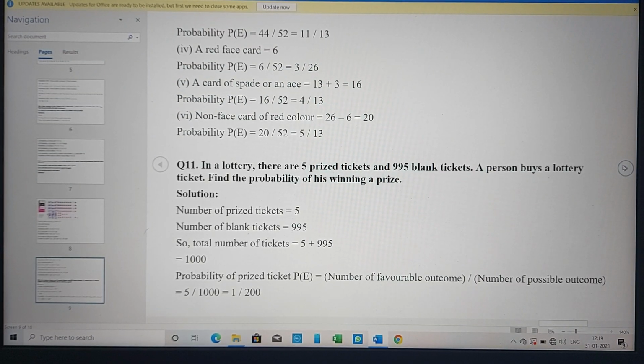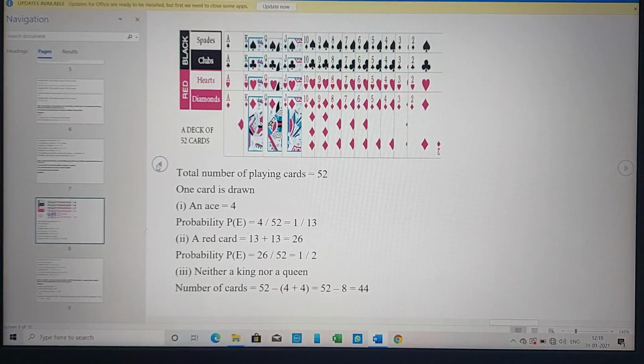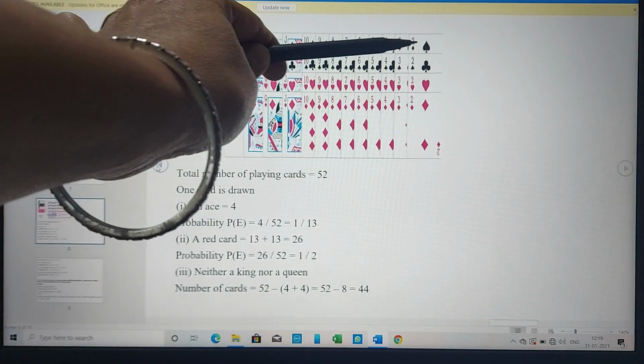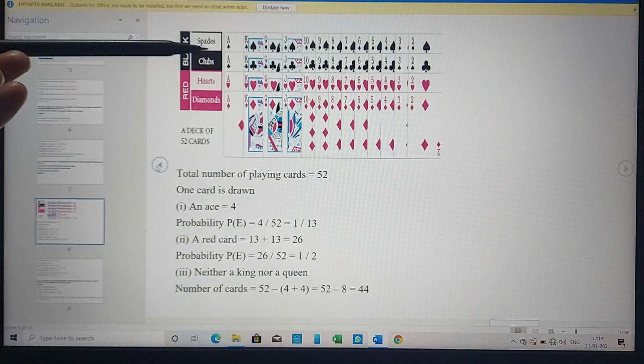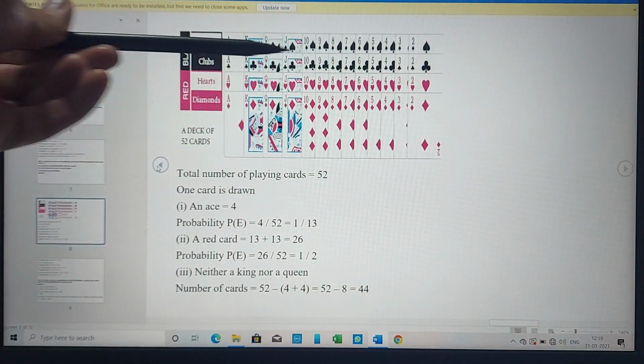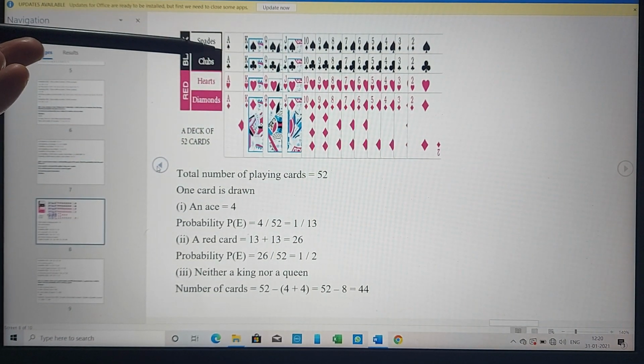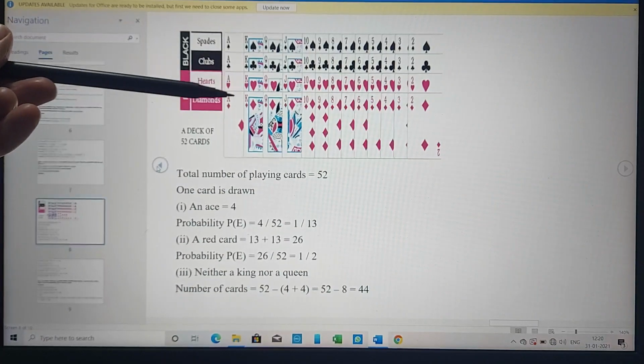Fifth part, a card of spade or an ace. Card of spade or an ace means either it should be a card of spade, we have taken all 13, or it can be ace also. So if we have already taken all these 13 cards, how many aces are left out? 1, 2, 3.